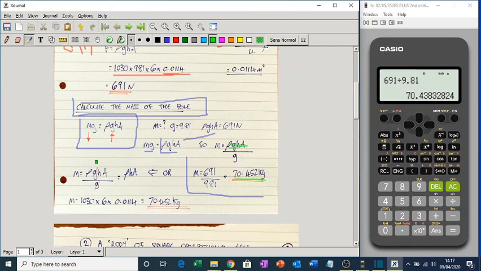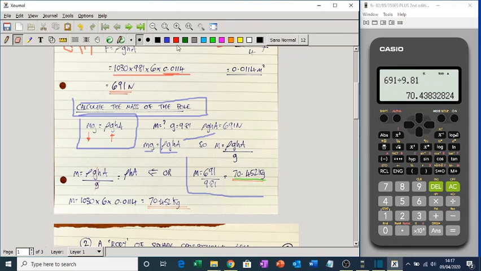Or you could go this way. So we know this formula here. And this way I've cancelled out the gravities because g over g, so you cancel them out. So you end up with just density, height and area. So you do it that way, you get the same answer.